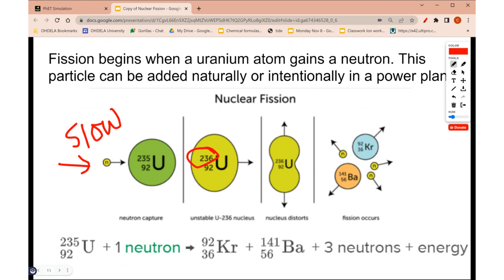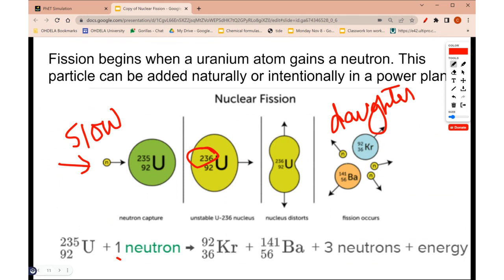It splits apart into the daughters. And you've got this equation here: 235 uranium plus a slow neutron broke down into krypton and barium plus 3 neutrons and energy.